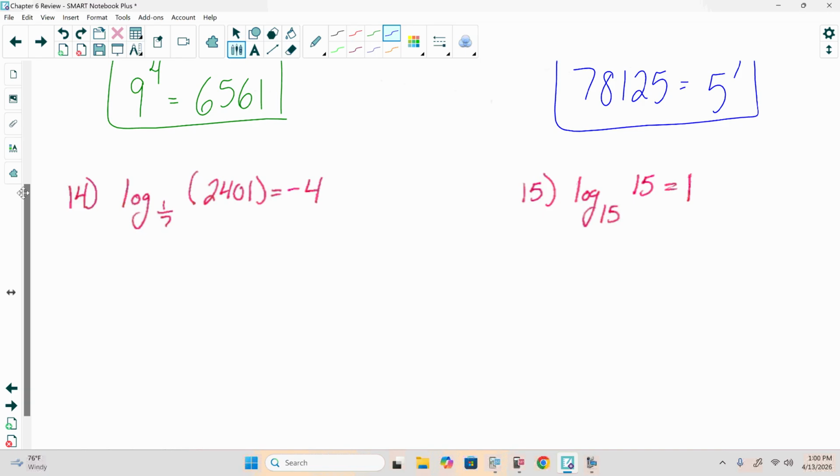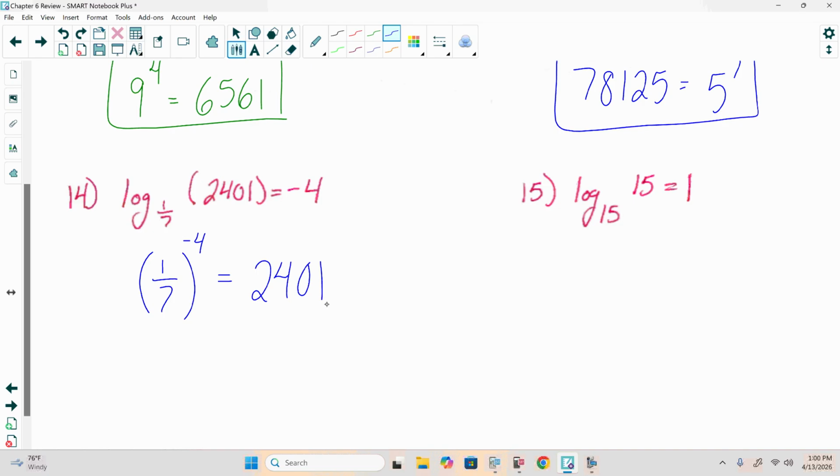Log base 1/7 of 2,401 equals -4. What would this be? We'd have our base of 1/7, yes? And it would be to the what? -4 is equal to 2,401.